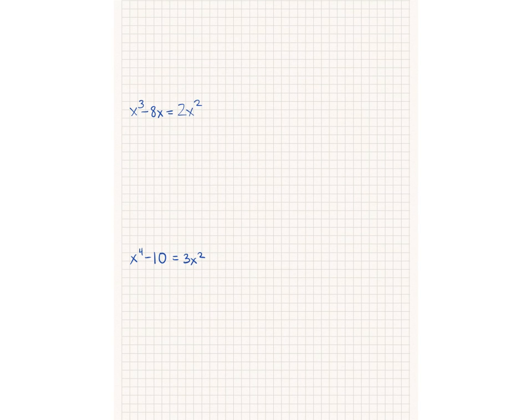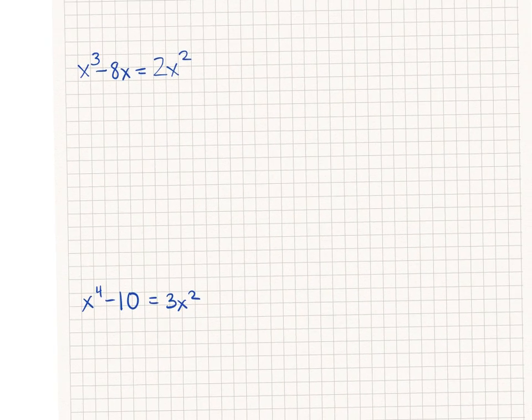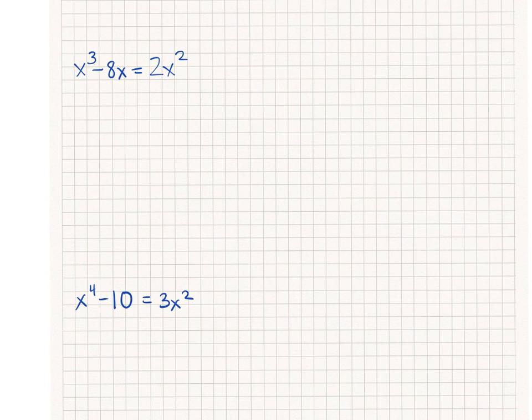Okay. Moving on, just some more. So here we would subtract 2x squared from both sides, and then pull out an x.